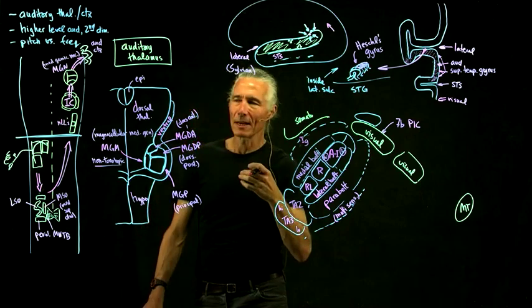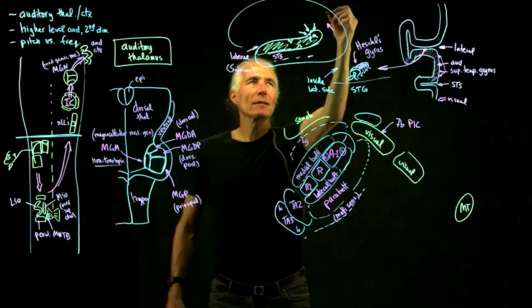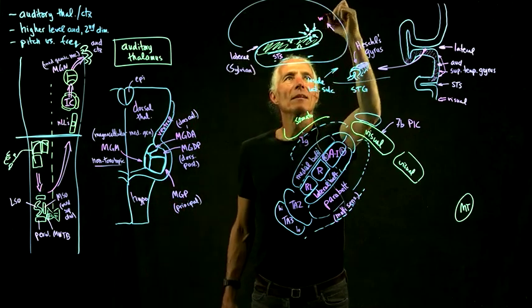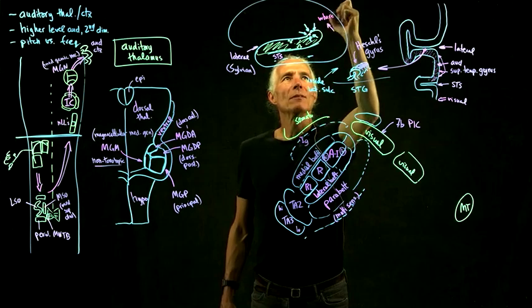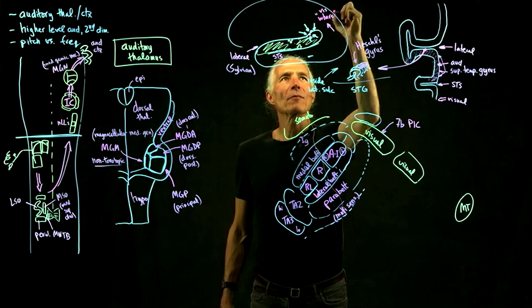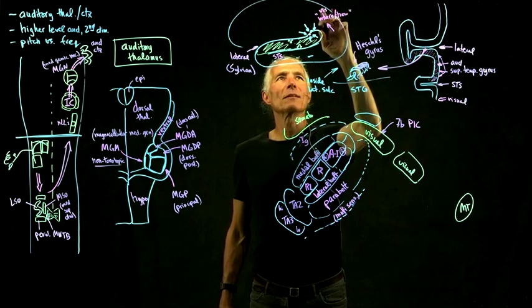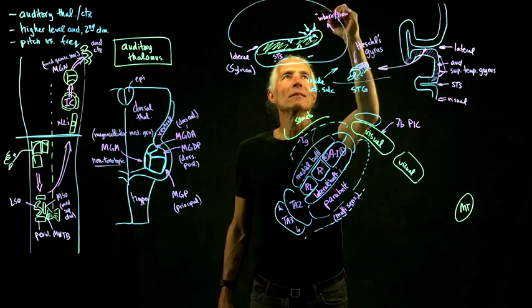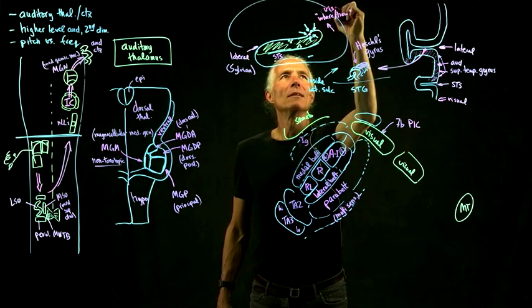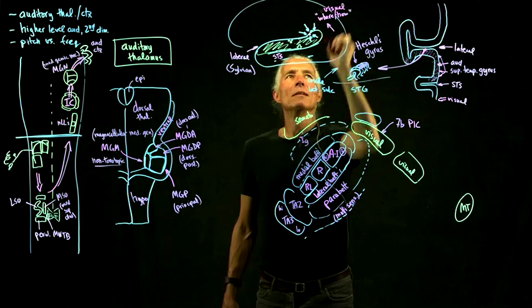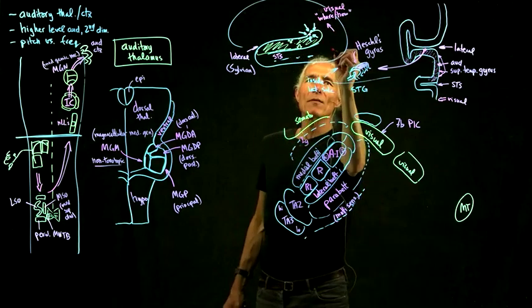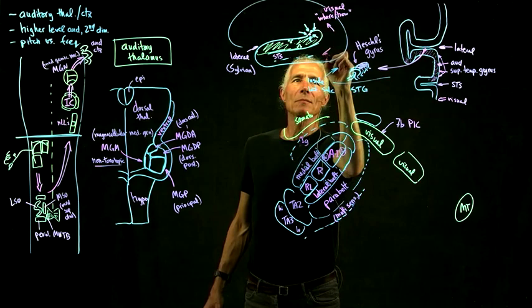Those areas have been called the visual where pathway or how pathway, sort of like messing with things. So this is visual where and how.